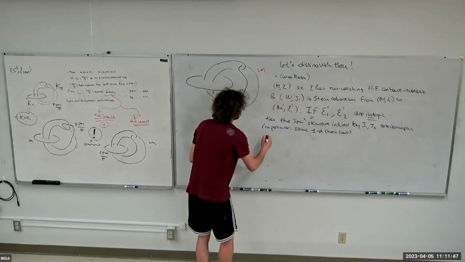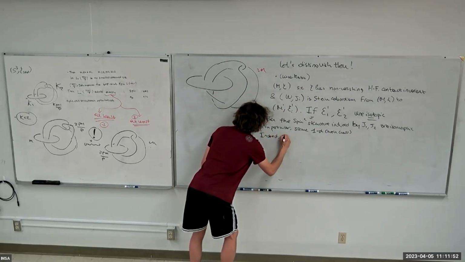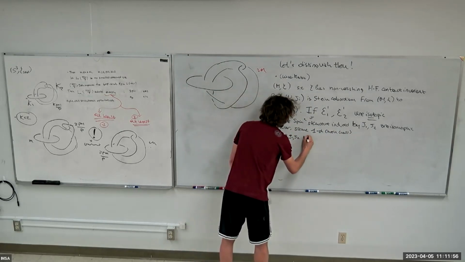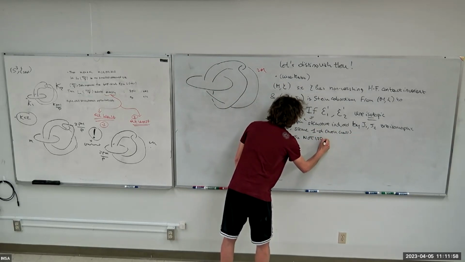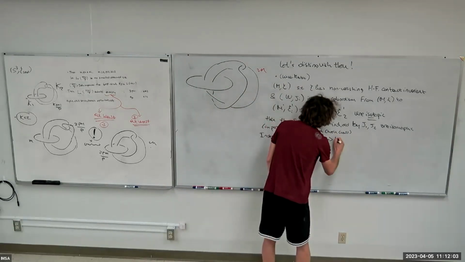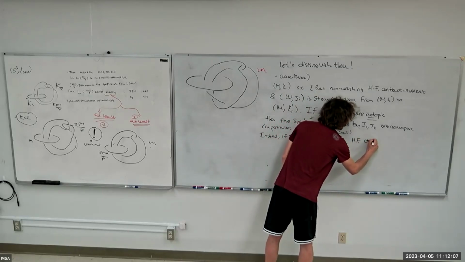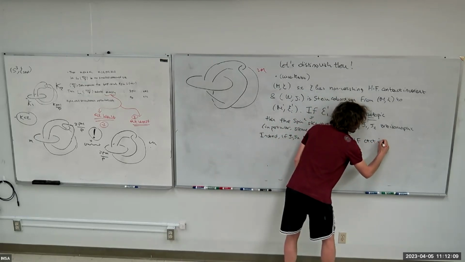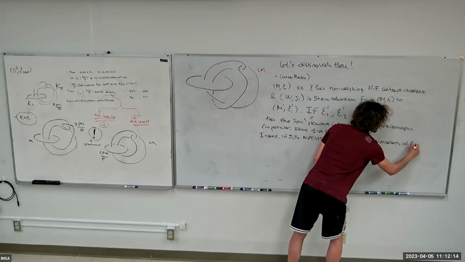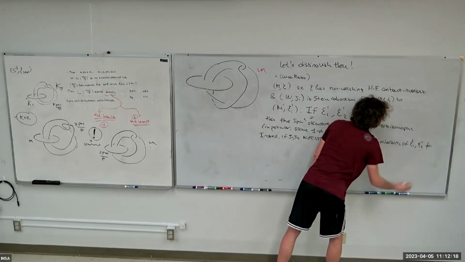So indeed, if these two, J1 and J2, are not isomorphic, then the Heegaard Floer contact invariants of psi_1 prime, psi_2 prime are distinct.